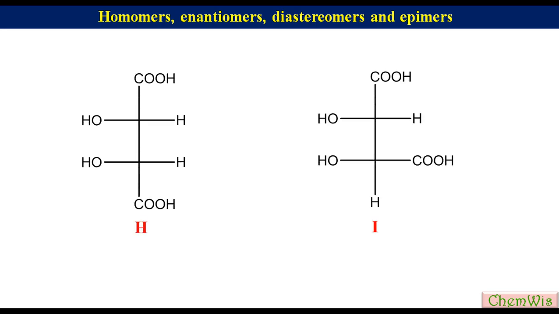Let's find the relation between two tartaric acid structures H and I. In structure H, the absolute configurations at C2 and C3 are S and R respectively.